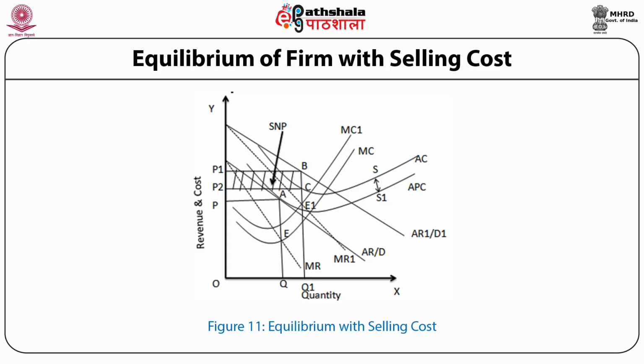The new equilibrium is at point E1. The firm will produce OQ1 level of output and charge OP1 price. Now, the firm is getting supernormal profit, that is P1P2CB. A firm will incur that level of selling cost which maximizes its profit.